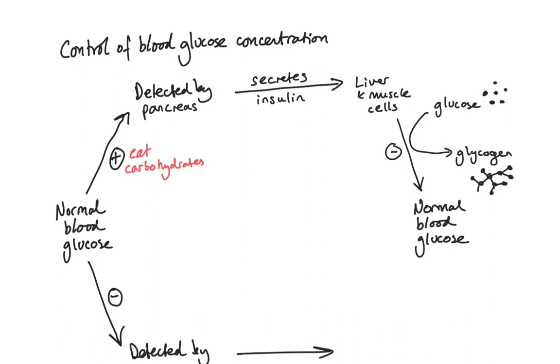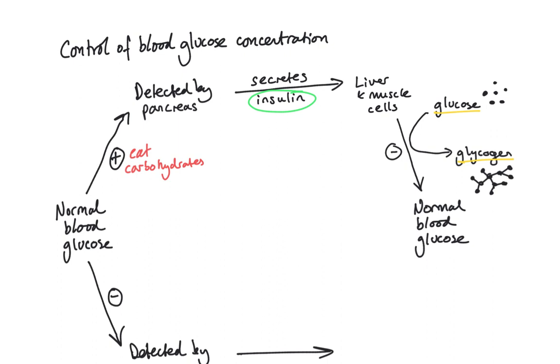Yeah, that's glycogen. If I joined it in a different way, I'd make starch. So insulin is a hormone, and it causes the carbohydrate glucose to convert into the carbohydrate glycogen, a simple carbohydrate into a complex carbohydrate. Let's just go through the lowering of blood glucose.